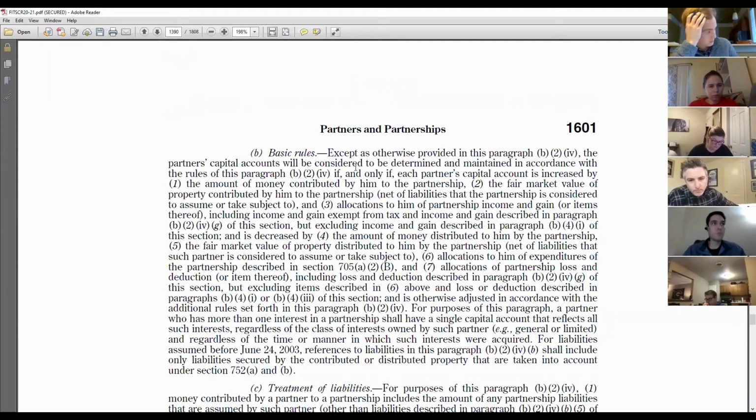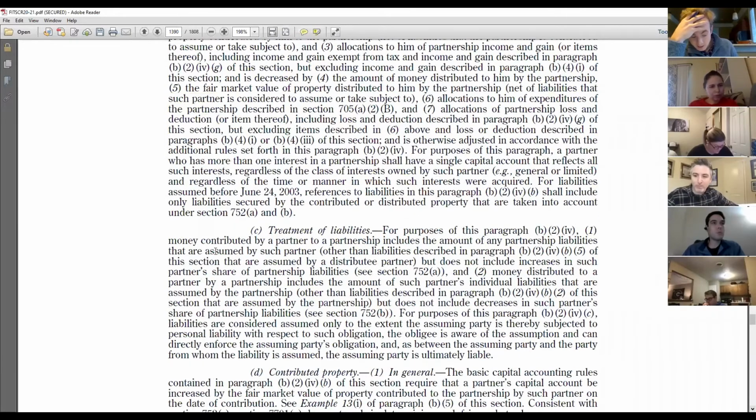So remember, these are our basic rules. (b) above, we saw these. This is what we went over last class. (c) goes on to talk about the treatment of liabilities. So it says, first of (b)(2)(iv), this is a capital account maintenance rule. Money contributed by a partner to a partnership includes the amount of any partnership liabilities that are assumed by such partner.